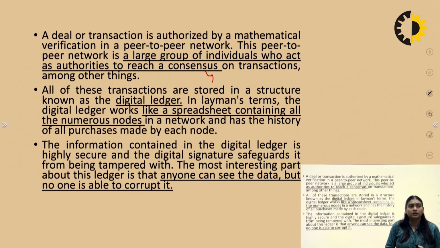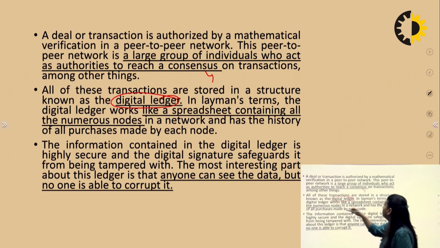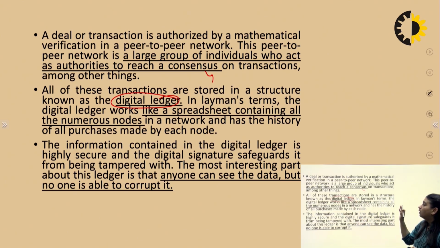All of these transactions are stored in a structure called the digital ledger, which works like a spreadsheet containing records for the numerous nodes in the network.